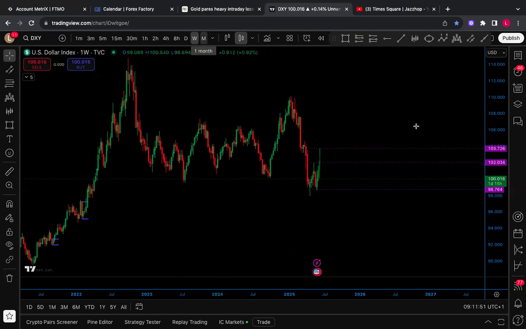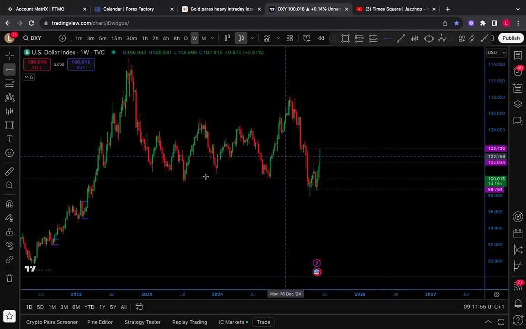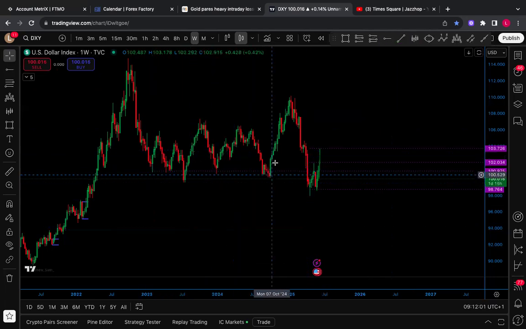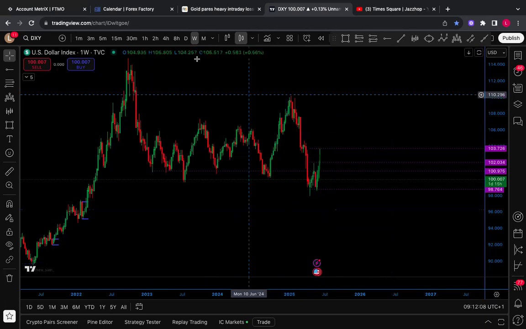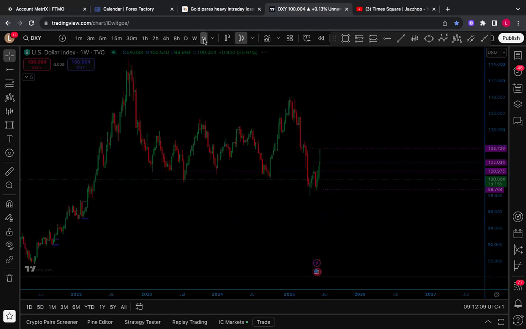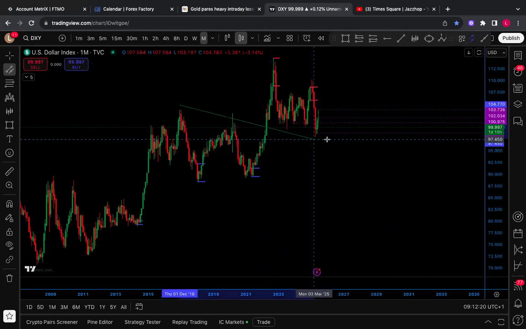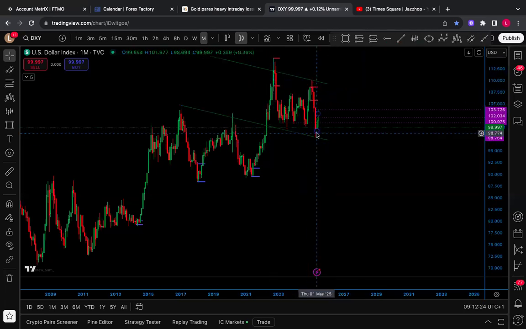You're saying that looks iffy? Yeah, because you had that zone there, support, which it was supporting off for some time, then it's broken below. This is the dollar. Kind of looks like maybe a retest here to drop. And then again, if you look on the monthly, which is about to close in a couple of days, there's also your break of a descending structure, which has ended up forming a big bullish flag.